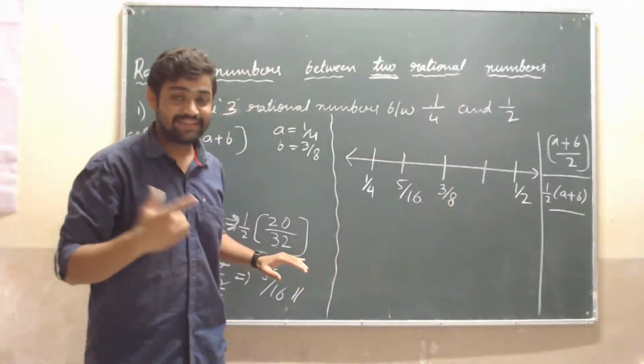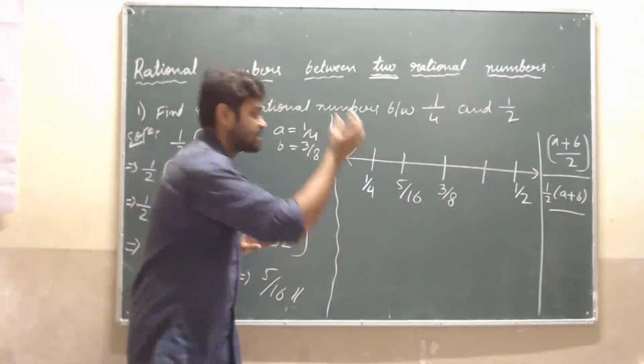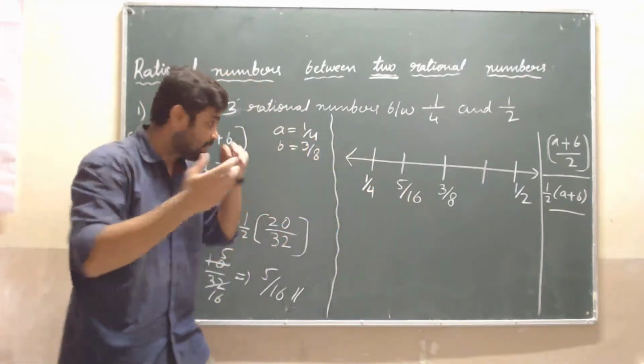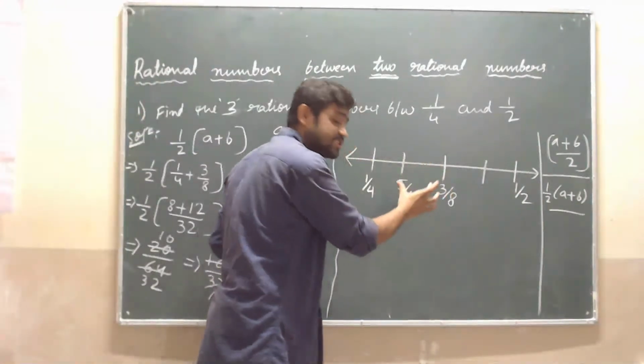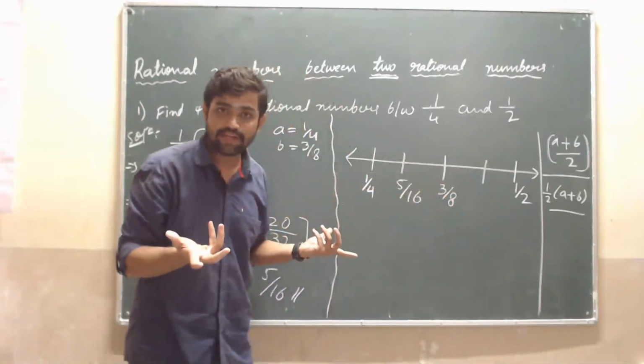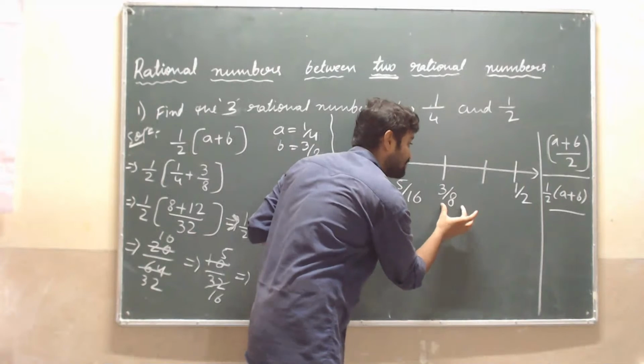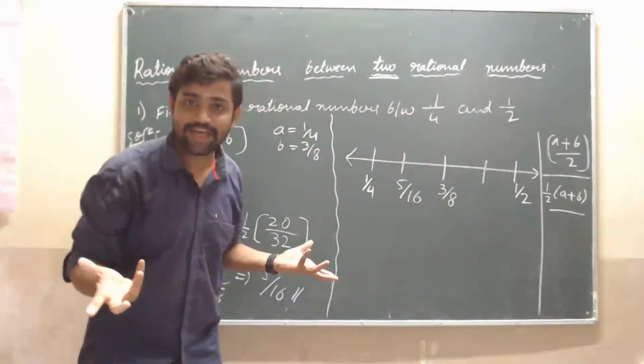Where will we find it out, sir? I will find it out between 1 by 4 and 5 by 16. Otherwise you can find it out between 5 by 16 as well as 3 by 8. You can. Sir, I will find the rational number between 3 by 8 and 1 by 2. You can.